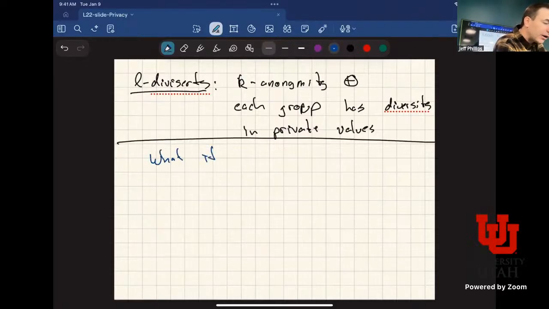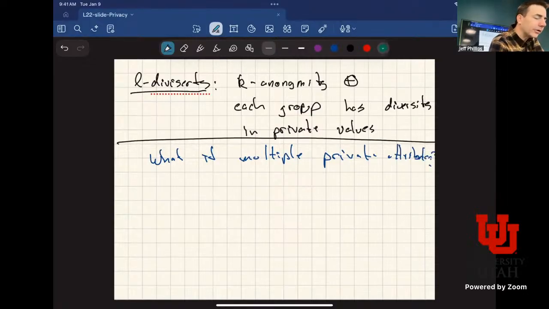But what if there are multiple private attributes? So for instance, what if there are two types of cancer? One is going to be lung cancer, and one is going to be skin cancer.